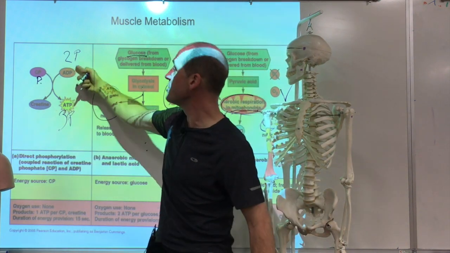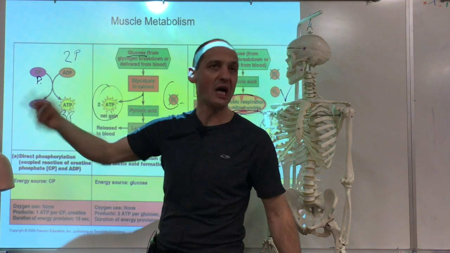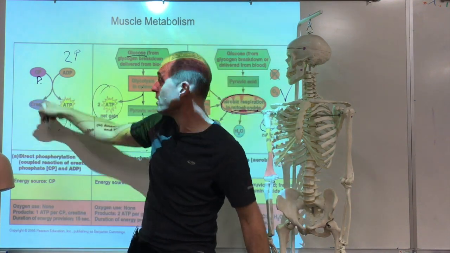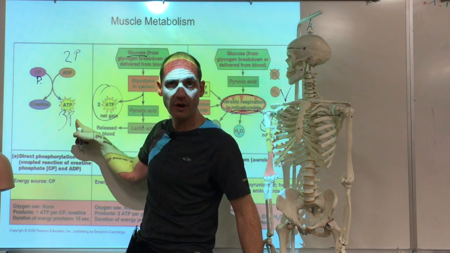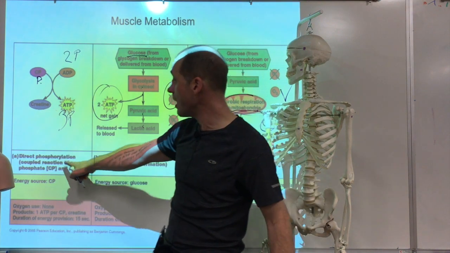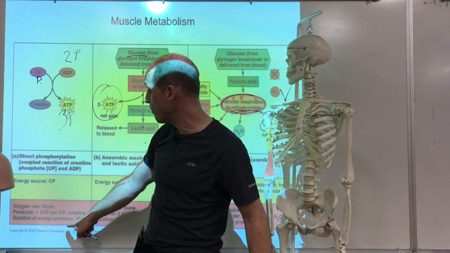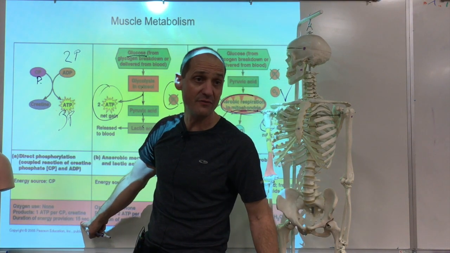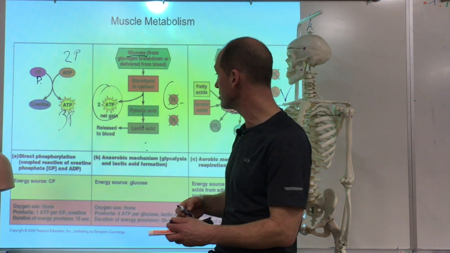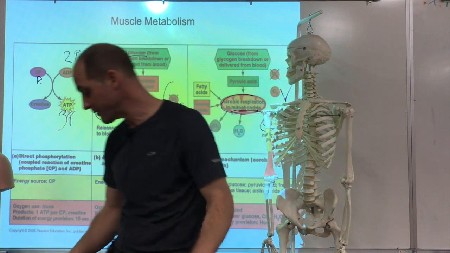So we use the ATP to run the muscle cycle, that's sliding filament theory, and we take the creatine phosphate to put a P back onto it right away. And then we have about 15 seconds of energy from that. So it's also not much, but it's also very fast available energy.